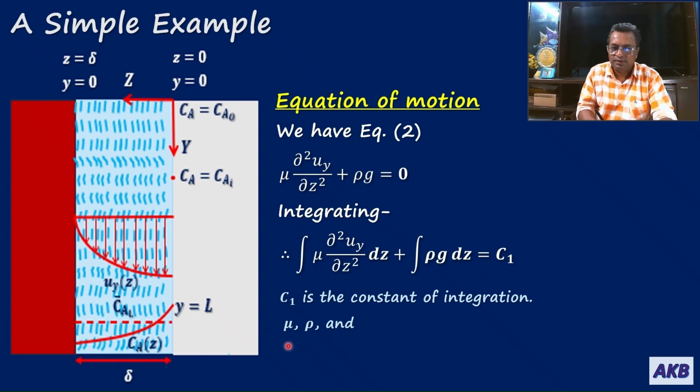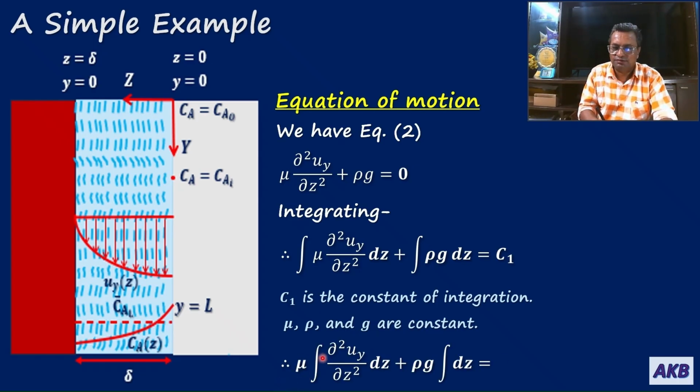Now over here mu, rho and g, they are constant and they will come out of the integral. So it will be mu into integration of ∂²uy/∂z² dz plus rho into g into integration dz, that is equal to c1. c1 is the constant of integration.